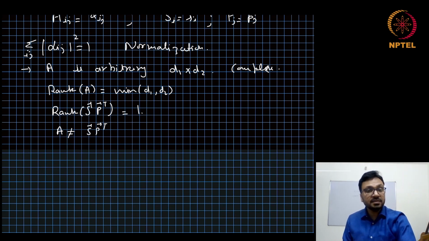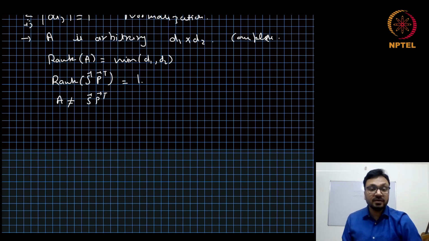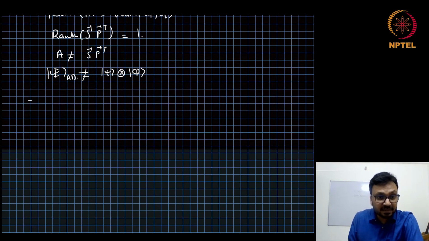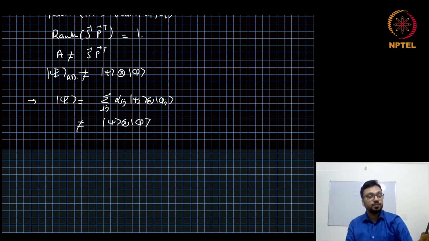Or what we can say is there exist many states which cannot be written as psi tensor phi. So psi need not always be a psi tensor phi state. What I'm saying is the state psi can be written as a superposition of tensor product states, but it need not be a tensor product state itself.